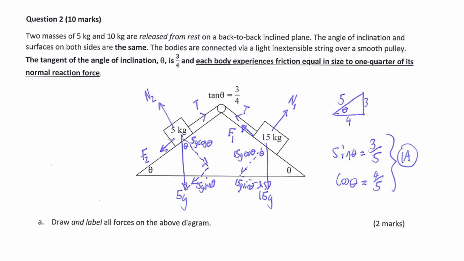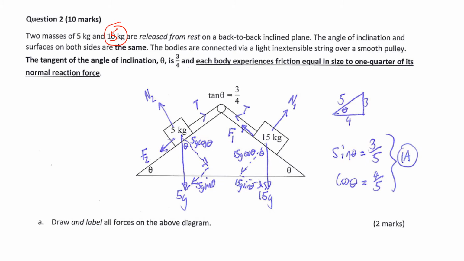We've got two masses of 5 kg, and that should have been 15. That's the diagram. 15 kg are released from rest on a back-to-back inclined plane. The angle of inclination and surfaces on both sides are the same. The bodies are connected by a light inextensible string over a smooth pulley, standard stuff.